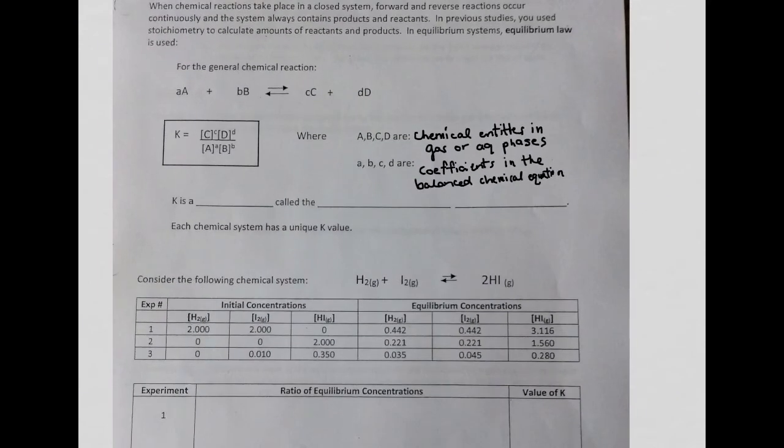K is a constant value, and it's called the equilibrium constant.